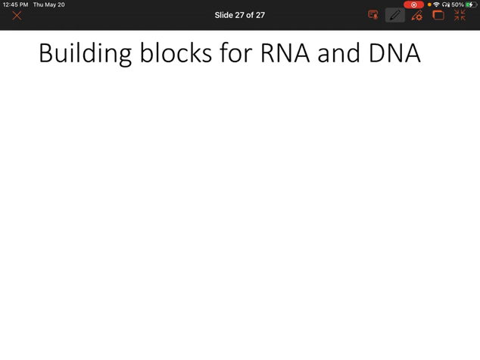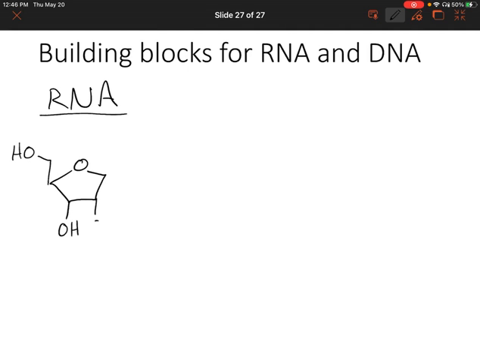So the first type of building block is for RNA. So RNA, again, has that D-ribose as its base. And then we have a nitrogen-containing compound up above. And depending on what that nitrogen group is, you'll end up forming the building blocks of RNA.